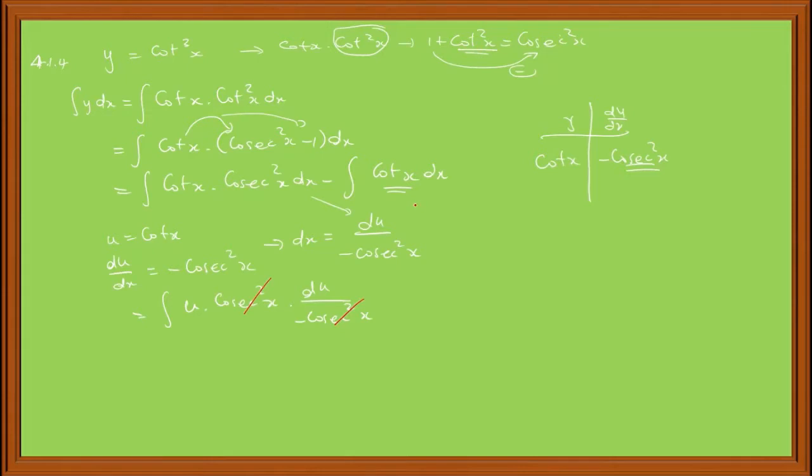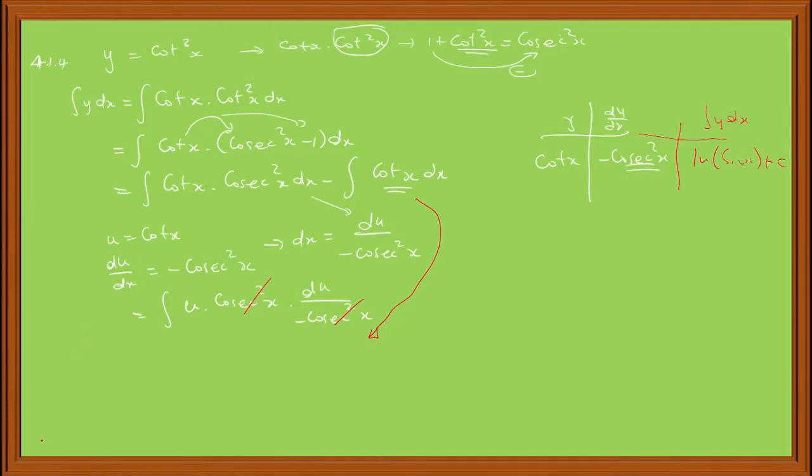Then we know the integral of that other part, integral of cot x dx, is the ln of sine x plus c, because cot is cos over sine.